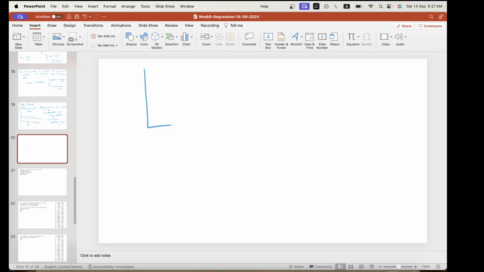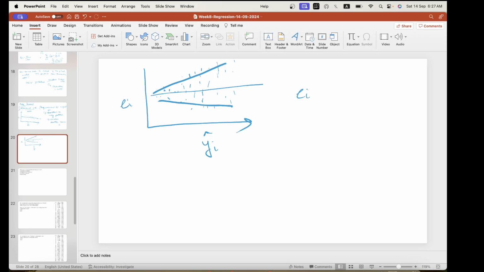Sometimes we see that if we plot yi hat on the x-axis and the residuals on the y-axis, as yi increases, the variance of the residuals seems to scatter further, giving us a funnel-shaped plot.